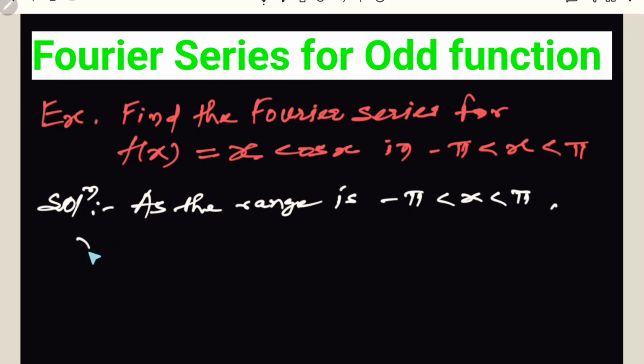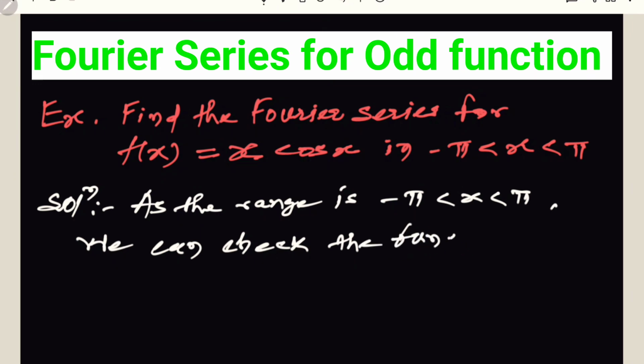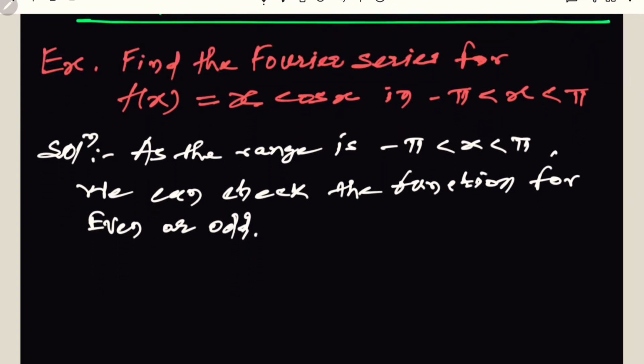And therefore, we can check the function whether it is even or odd. F of x is given as x into cos of x.